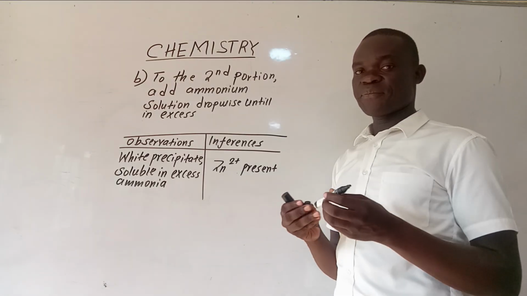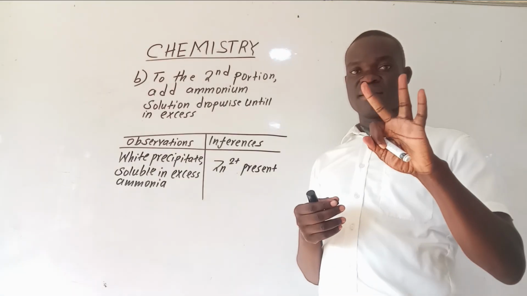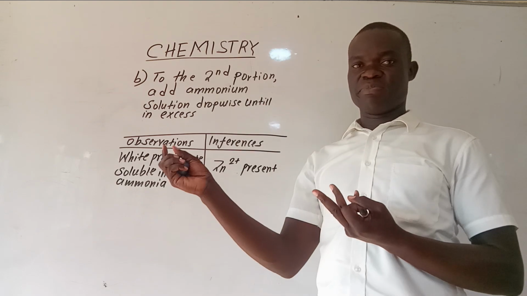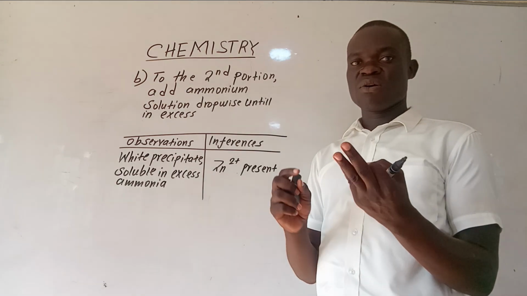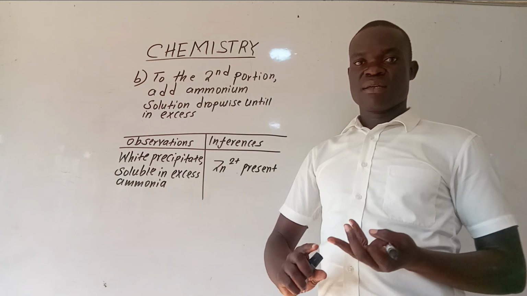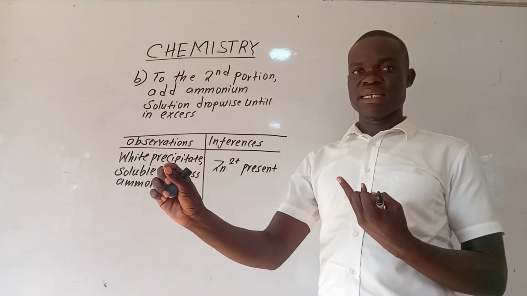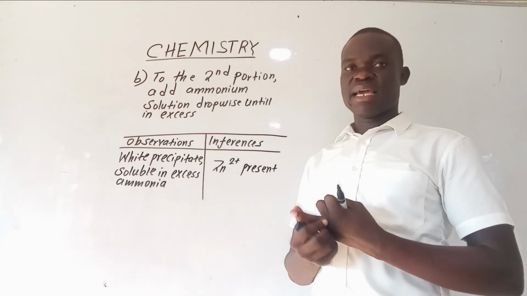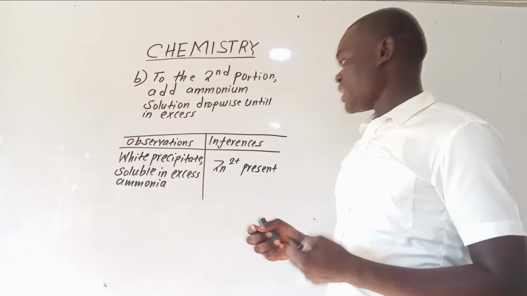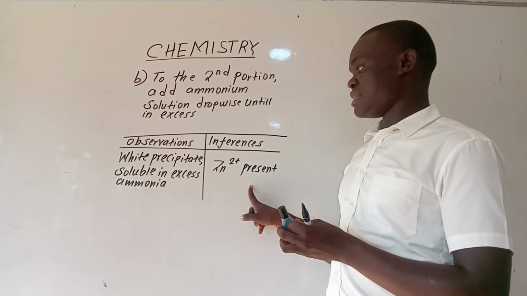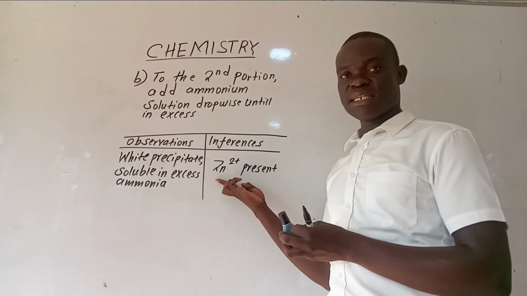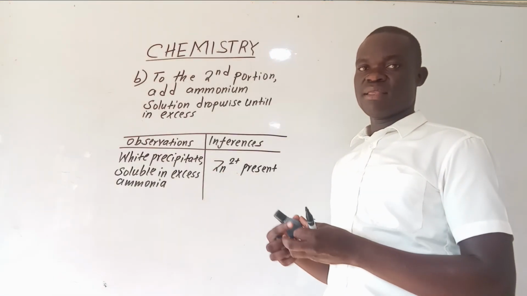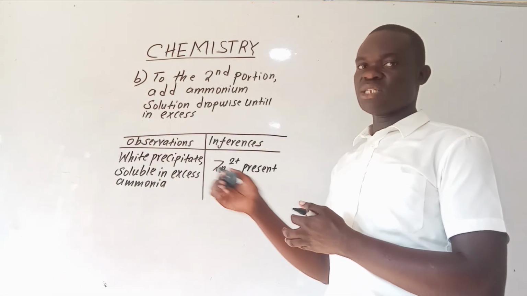Okay, when there are three suspects and we want to say that one is present, of the three suspects only one is guilty. So when I say one is guilty, that means the other two are innocent. When we say that zinc is present, an alternative answer is that aluminium and lead are absent in that solution.